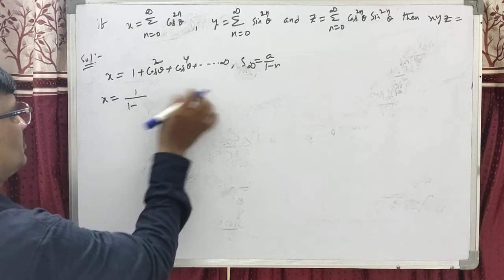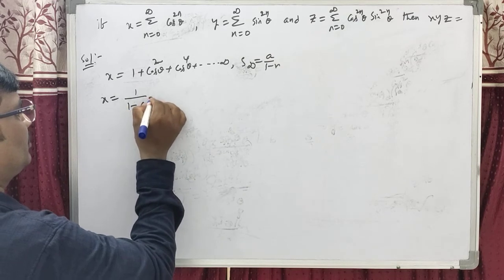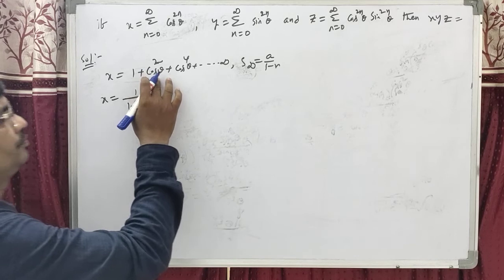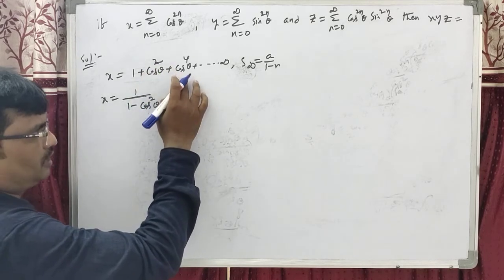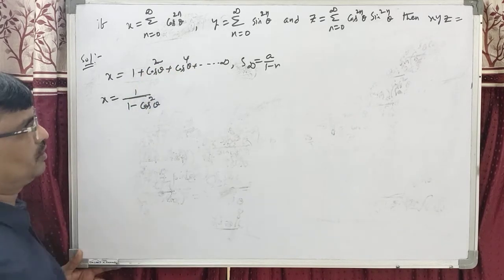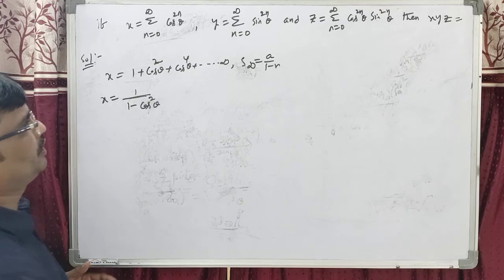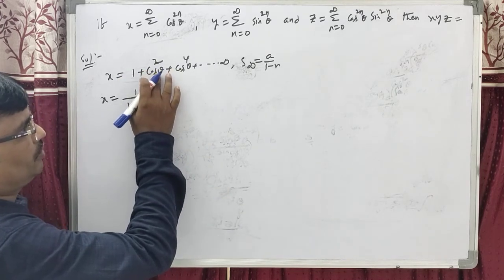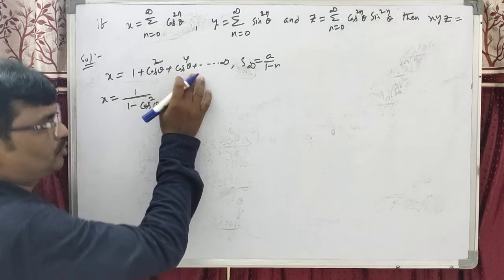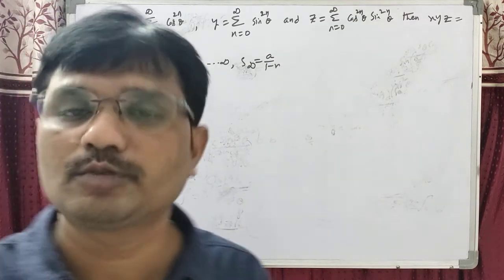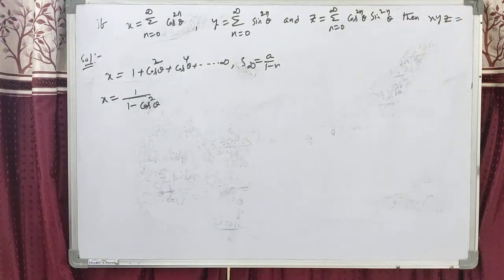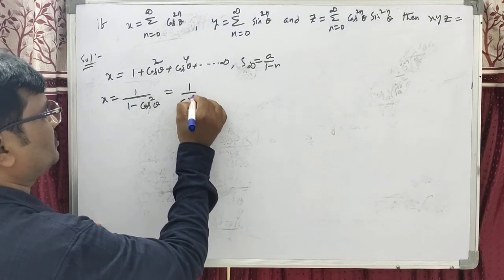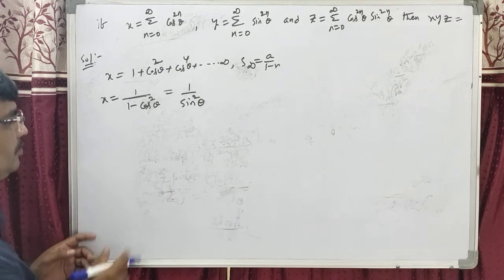Cos square into cos square is cos power 4, cos power 4 into cos square is cos power 6, and so on. Therefore, 1 minus cos square theta is sin square theta.